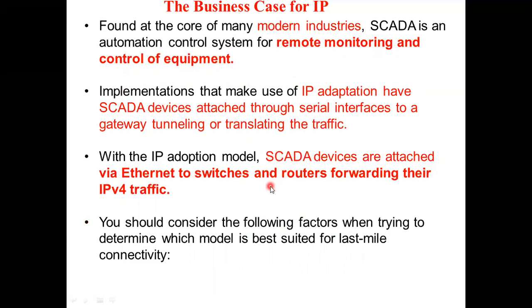Maybe for the IP adoption model, we may have to use some Ethernet, some wired technologies, or sometimes wired plus wireless, and maybe we have to forward IPv4 traffic also. Maybe that mission may be supporting IPv4 only. That is why all these things have to be taken care of. That is what it is saying in the case of SCADA.